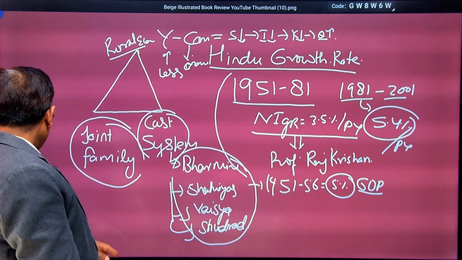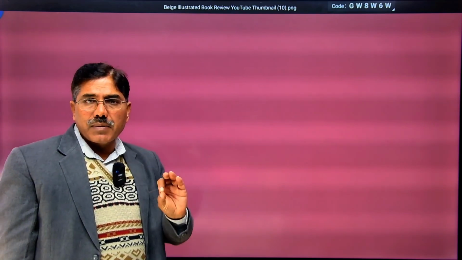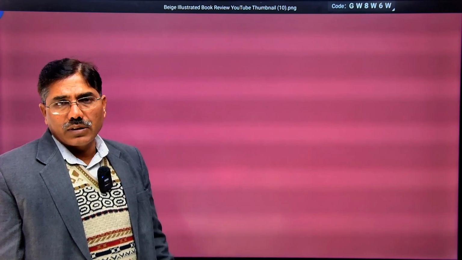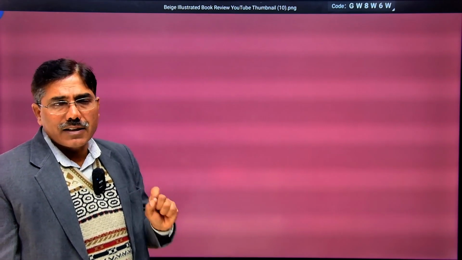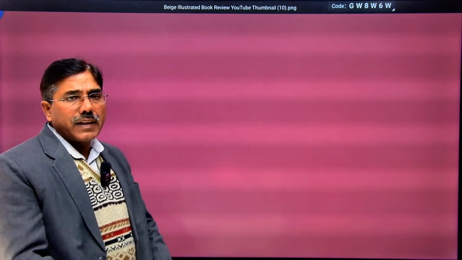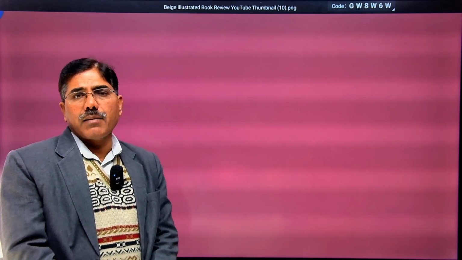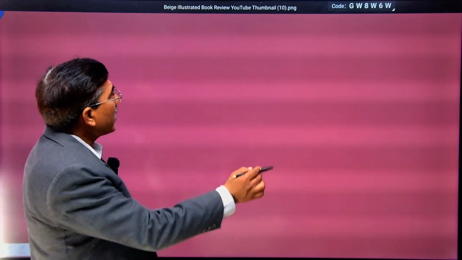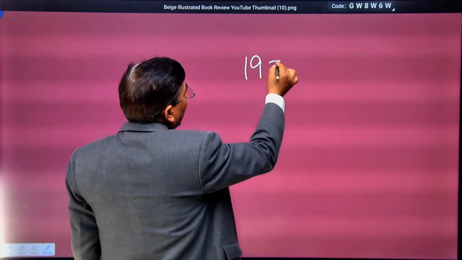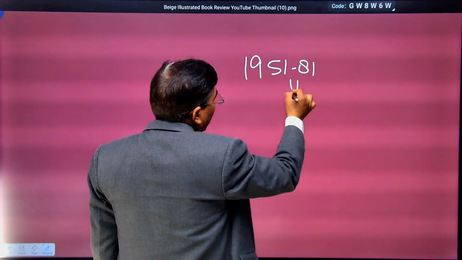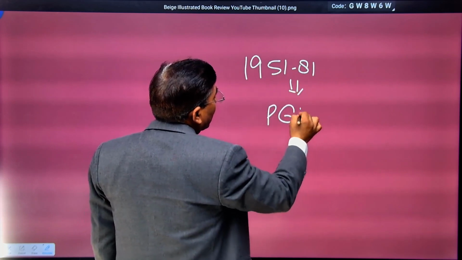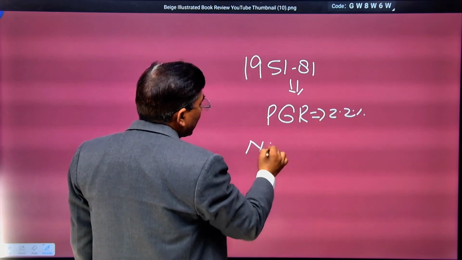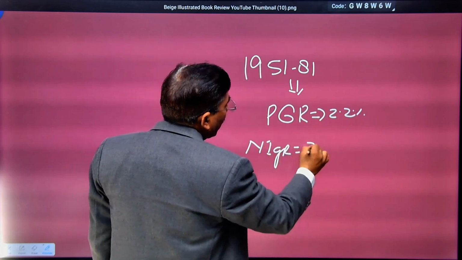Now the second question. The first question is clear for prelims. You have to tick 3.5%, that is known as the Hindu growth rate in national income. Second, why did this Hindu growth rate fail to eliminate the problem of poverty, unemployment, and inequality in our society? For the explanation, you have to know that during this period 1951 to 81, our population growth rate, PGR, was 2.2%, whereas the national income growth rate was 3.5%.